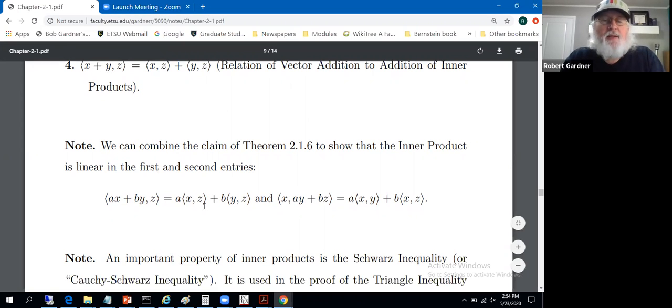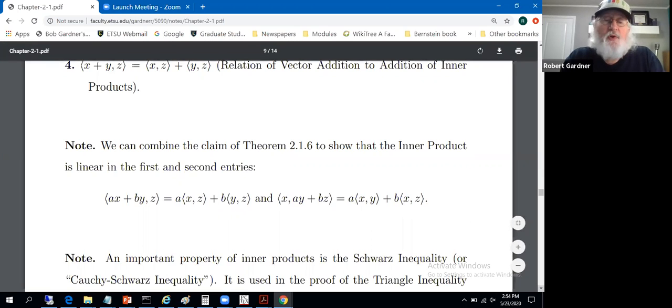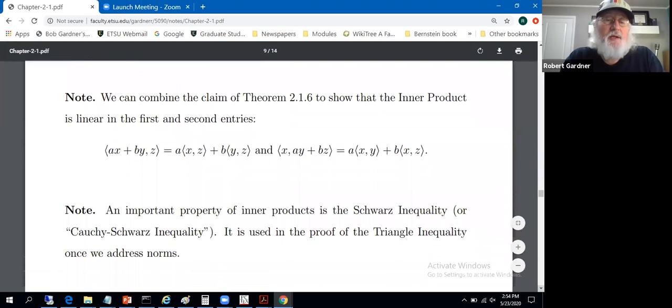So we can combine all those observations to say, if we had a linear combination in the first component, inner product with vector z, we could get what you might want to call a linear combination of inner products. So there's a linearity behavior of inner products in both the first component and the second component. We can break these inner products up over the first component or over the second component.